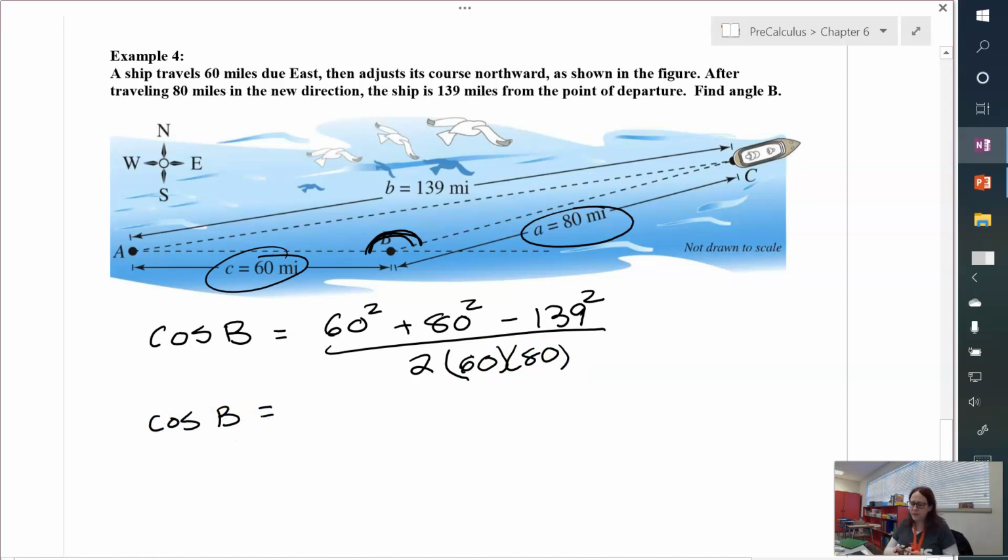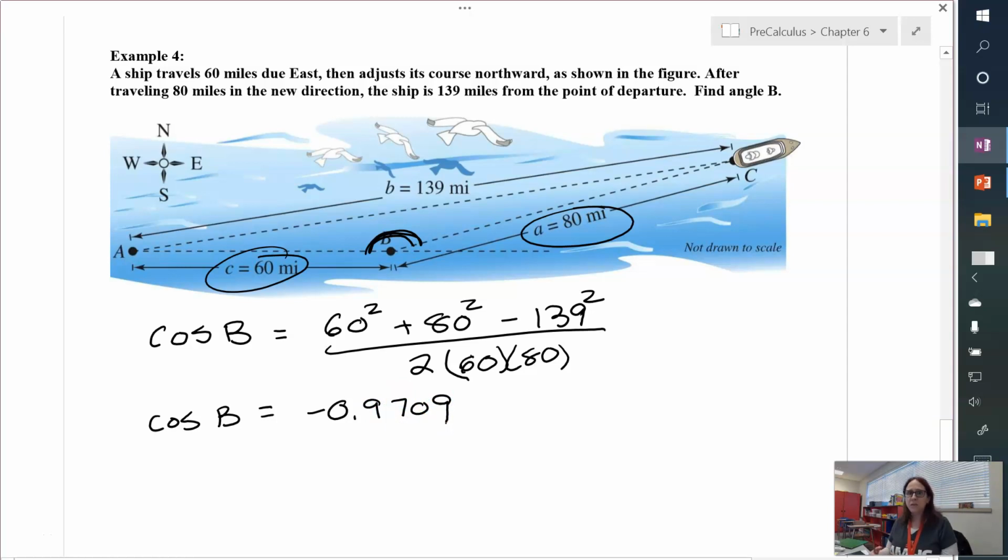Just plug all this in the calculator, and I got negative 0.9709.